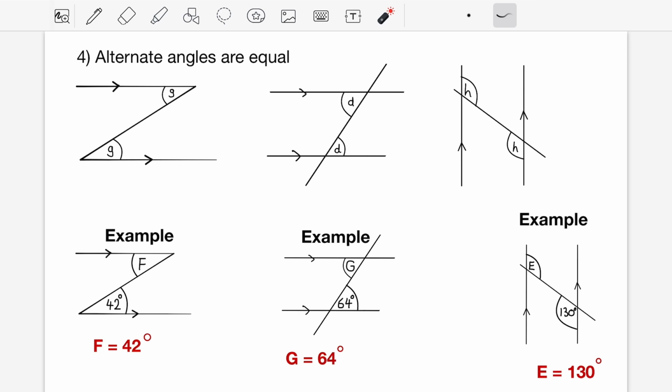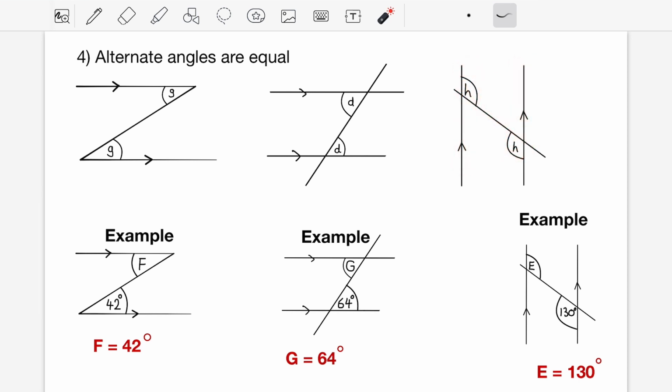Okay, so let's look at the examples. Now if you look at this one, it's not only on the acute angle, it can also be on the obtuse angle. Once the Z is formed, it can be on the outside as well.